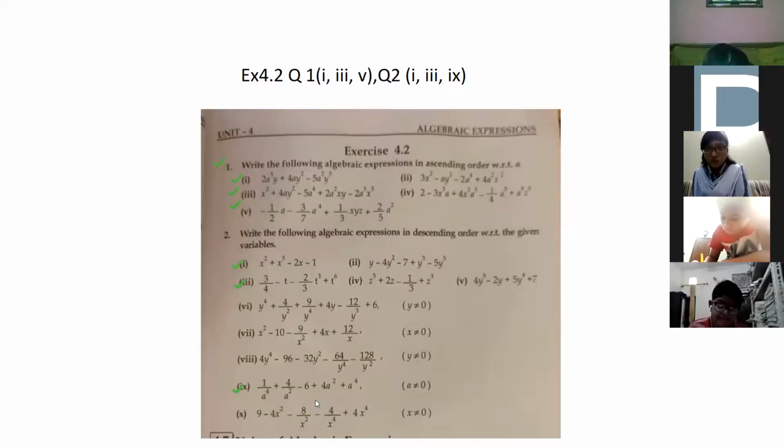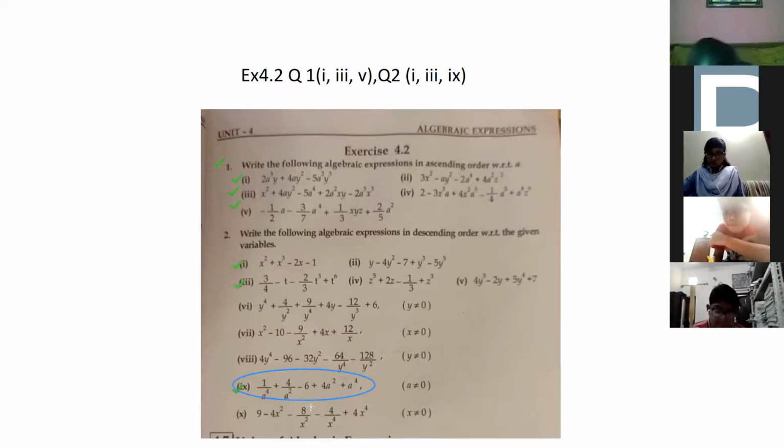4a cube, bete, there is no a cube anywhere. Plus 4a cube. Not cube, bete, there is no cube. Cube means power 3. Where is the power 3 here? Okay, yes, 4a square. Very good. Now next.